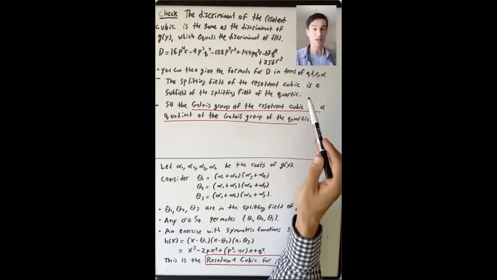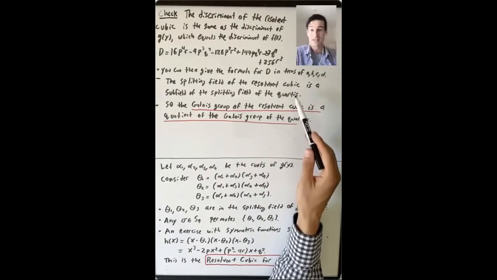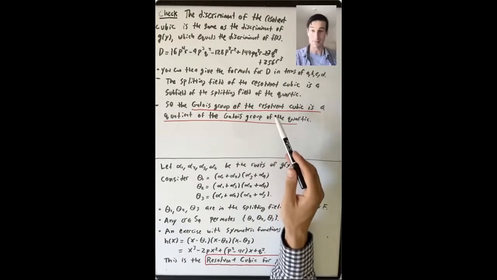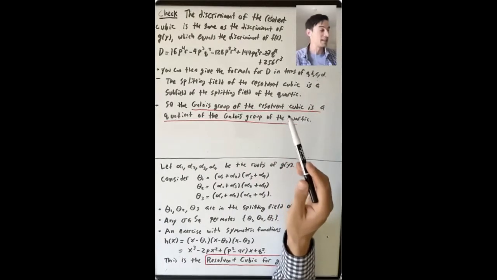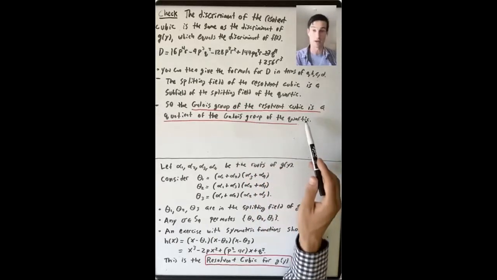And if you take the splitting field of the quartic, that's a Galois extension, and now you have a subfield that you know something about. And what this tells you, using the fundamental theorem of Galois theory, is that the Galois group of the resolvent cubic is a quotient of the Galois group of the quartic.